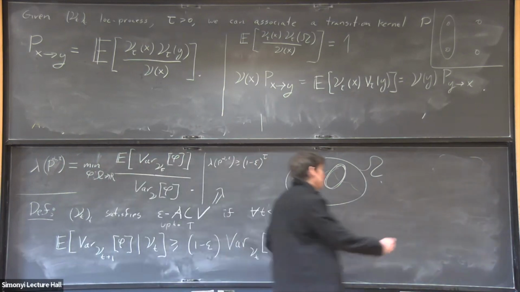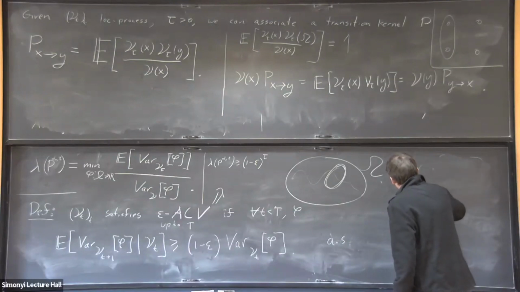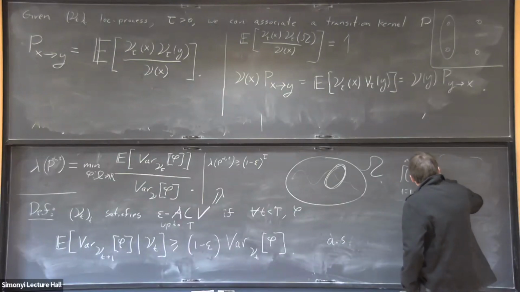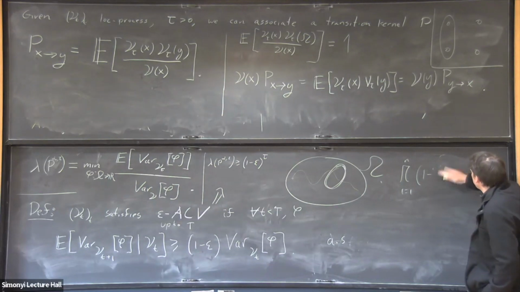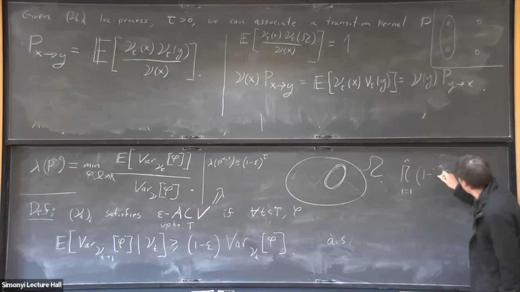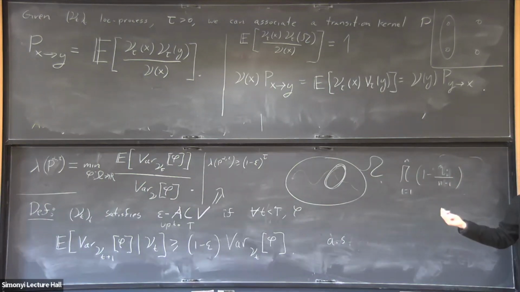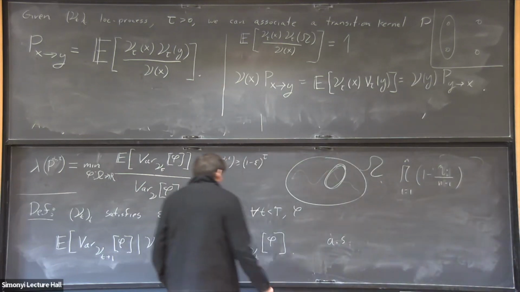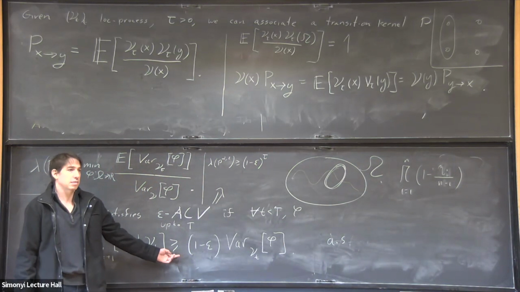What you actually get on the right-hand side is something like the product over i from 1 to n of 1 minus eta i, where eta i is the operator norm of what you have after the pinning over n minus i or something like that. And if this is a constant, then this product is only polynomially small. Well, the whole question is how to get a bound like this.